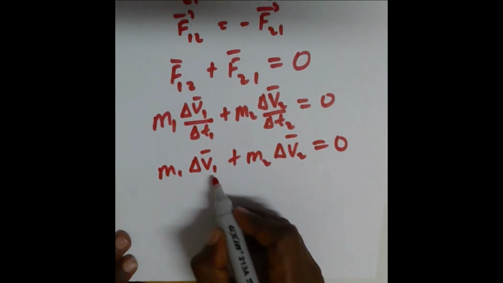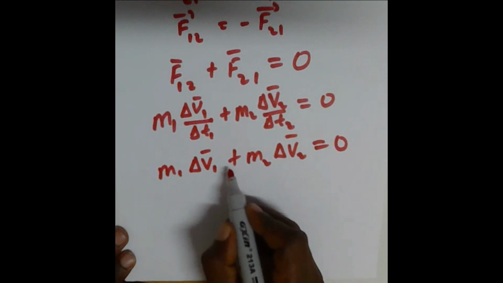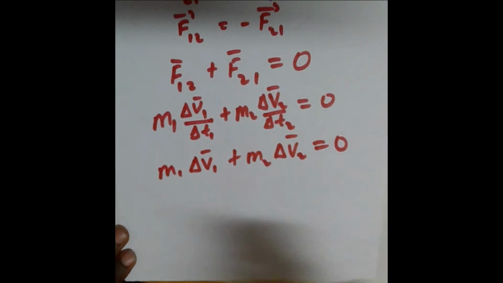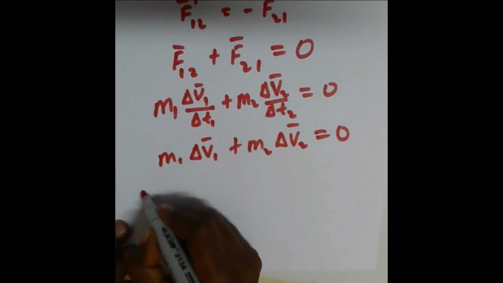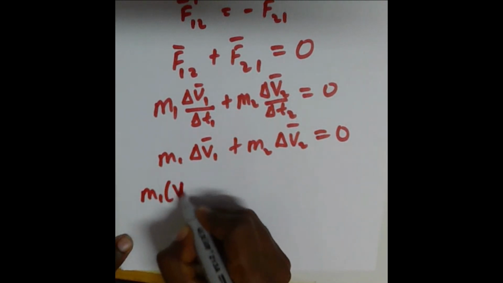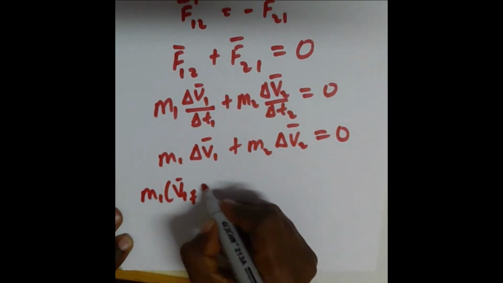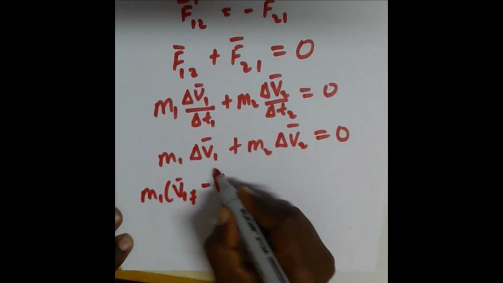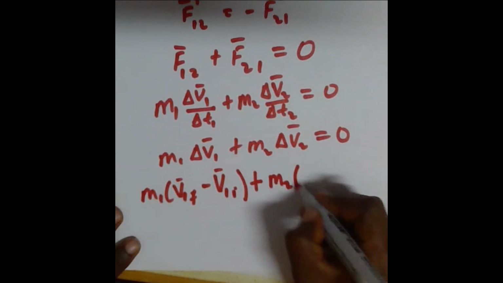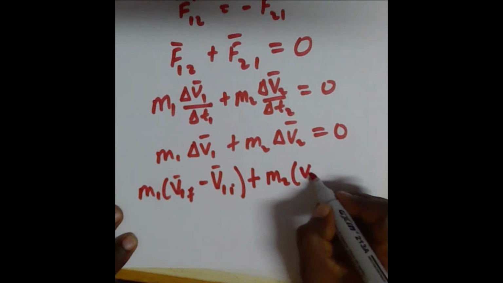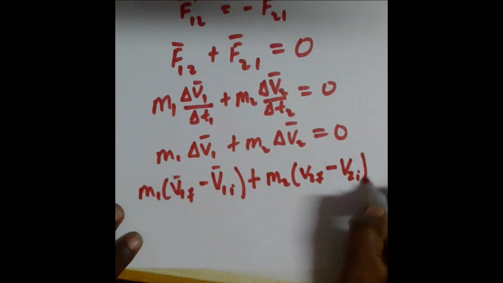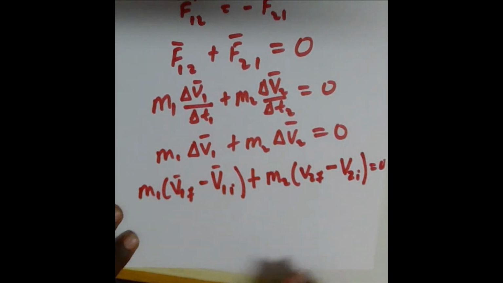So change in v1 means v1 final minus v1 initial. Change in v2 means v2 final minus v2 initial. Therefore let's rewrite this again. m1 times v1 final minus v1 initial, plus mass 2 multiplied by v2 final minus v2 initial, which is equal to 0.